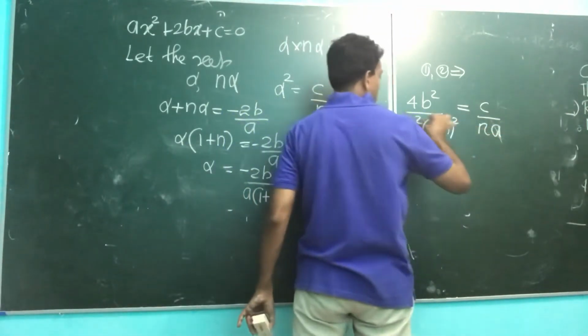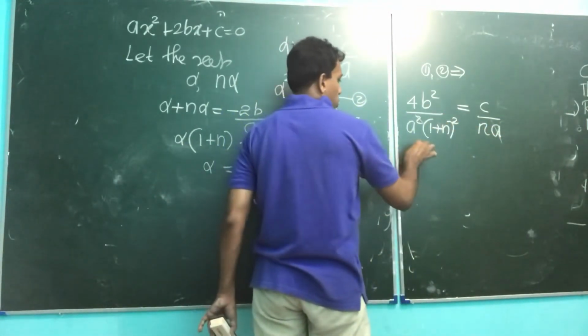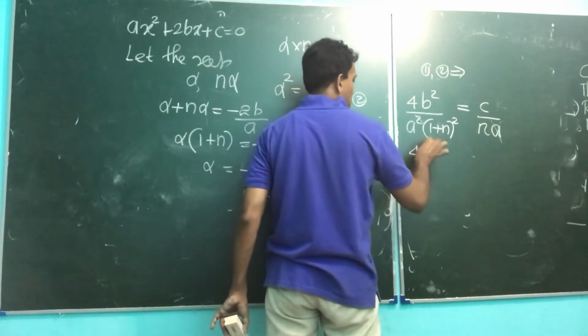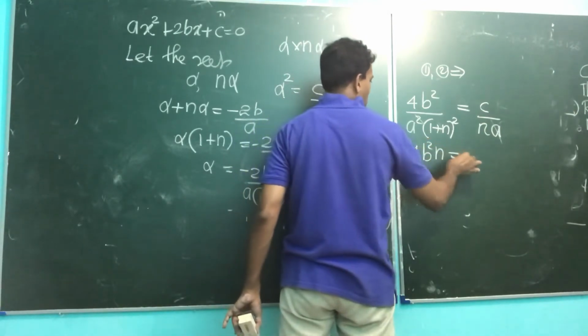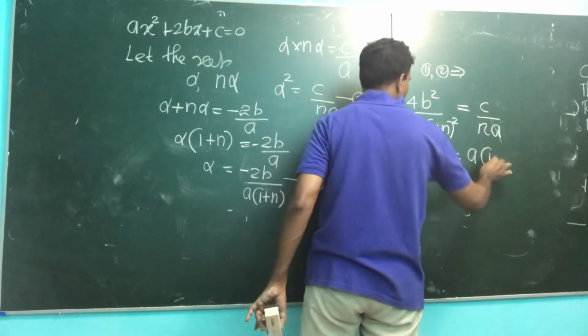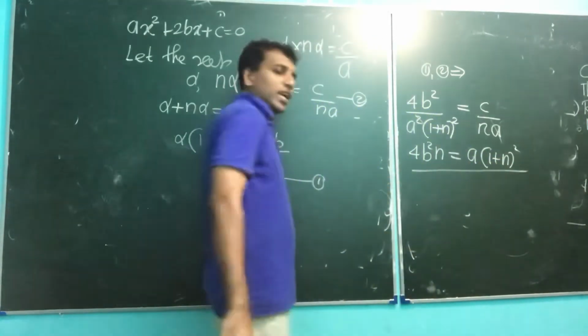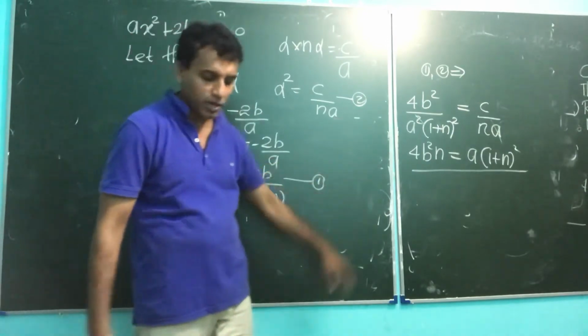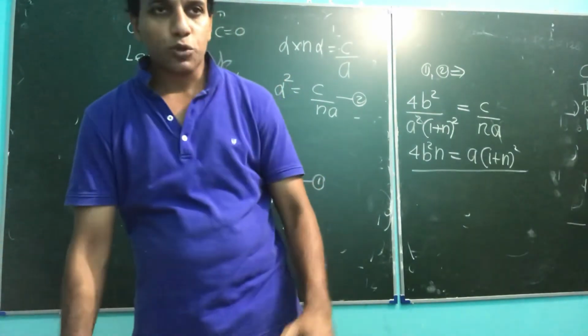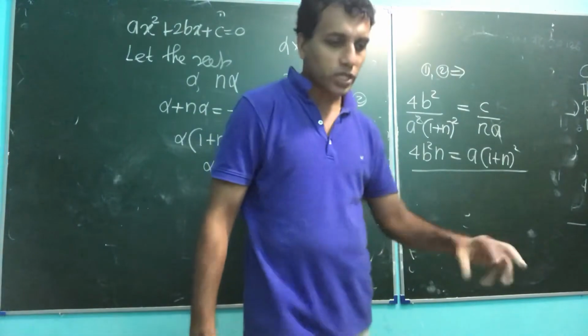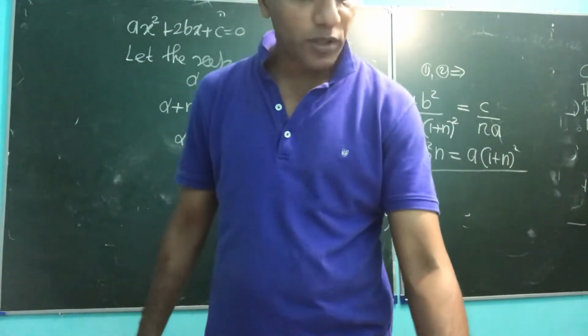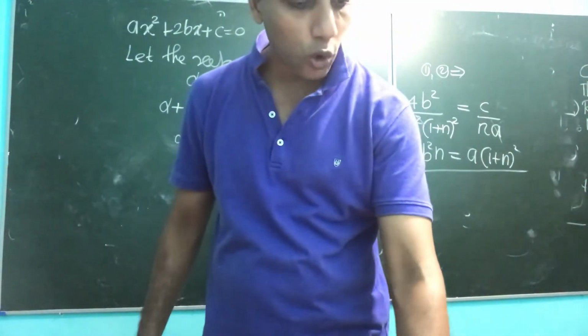Cut 1a, cancel, right? So 4b square n equals ac into 1 plus n all squared is the relation. They ask any format, you can build up that, right? So I hope you understood this pattern, the roots, how they vary, then how to solve or how to show the expressions given.